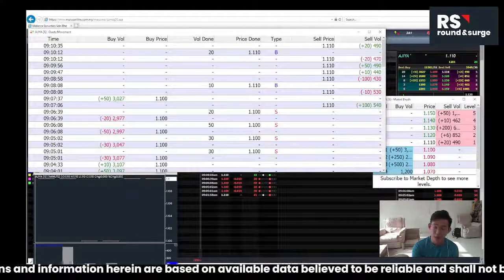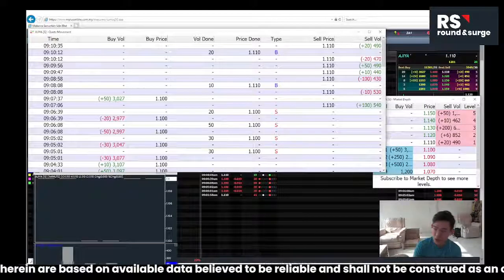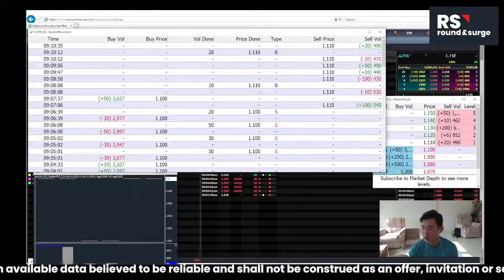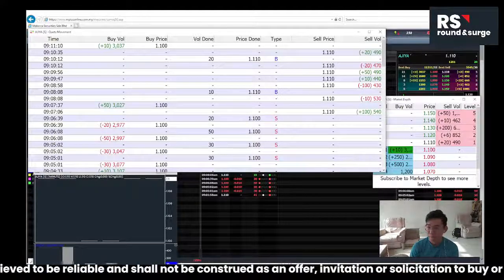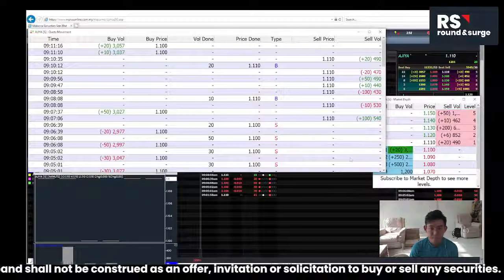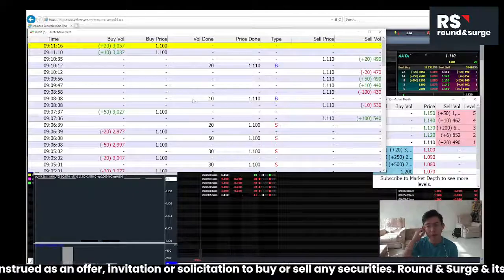Moving house, what I mean is accumulation, because I like to say that how the big boys work during accumulation is like moving house. They're moving things from one side to another side. Added here again.